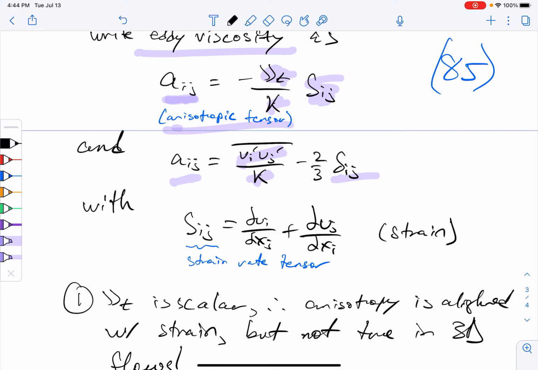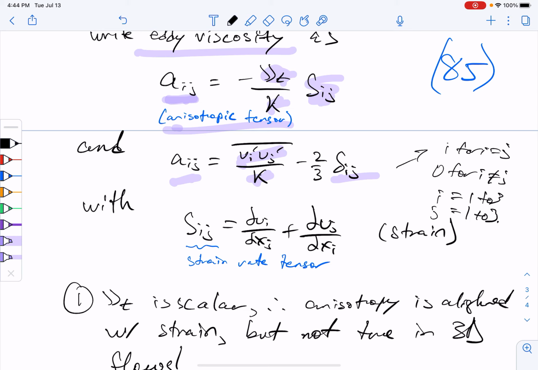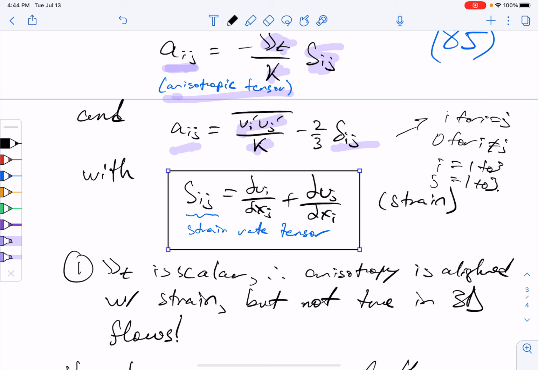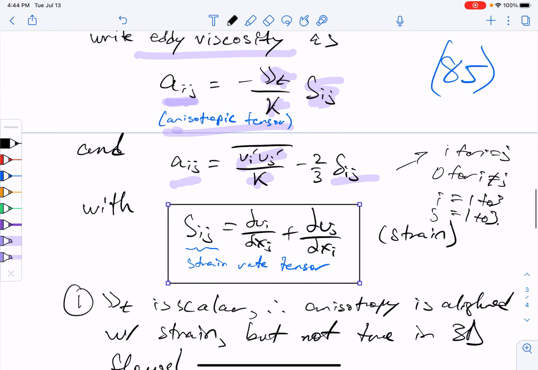Remember, that's 1 for i equals j, and 0 for i not equal to j, for i equals 1 to 3, and j equals 1, 2, 3. No problem there. Here, once again, just to remember, here's the strain rate tensor. S_ij is partial u_i partial x_j plus partial u_j partial x_i. And let's just look at these two forms of this anisotropic tensor, which is nothing but, in the first case, modeled with eddy viscosity and also written out with the full Reynolds stress tensor.